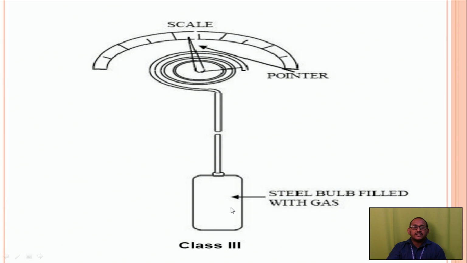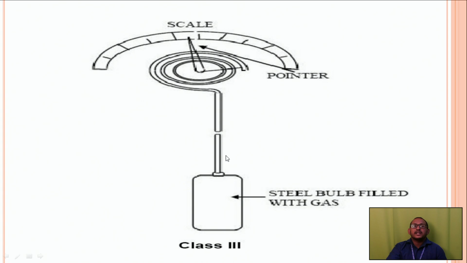Based on the increase of the temperature, the gas pressure inside the bulb increases, and the gas expands. Through the capillary tube, the gas flows to the Bourdon tube here.